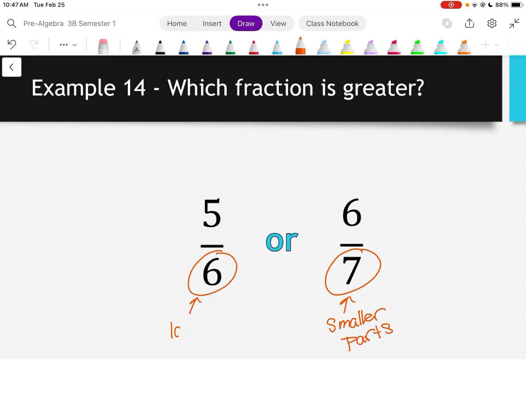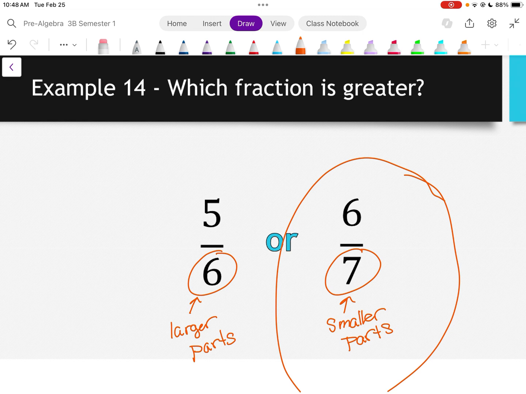And the smaller the denominator, the larger the parts. So when we compare 6ths and 7ths together, the 7th parts are going to be a little bit smaller and the 6th parts are going to be a little bit bigger. Both of these need one more to become a whole. And I know that the parts in the 7th are going to be smaller. So that means 6 out of 7 is closer to the whole than 5 out of 6.